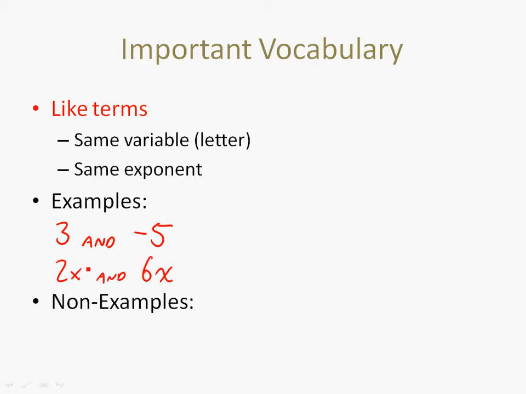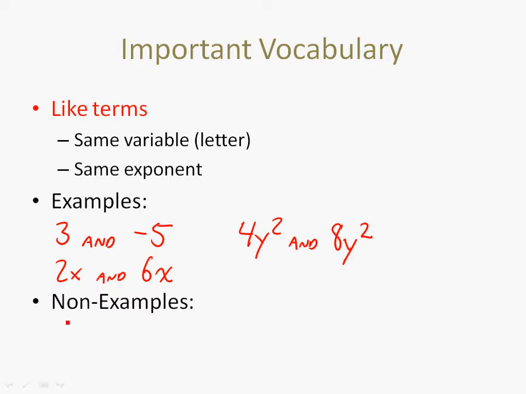Again, they both have x's, and they both have an exponent of 1. Let's do one more. 4y squared and 8y squared. So you'll notice both of these have y's, and they also both have an exponent of 2.